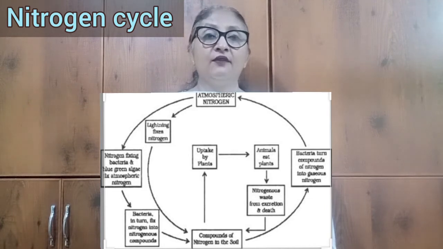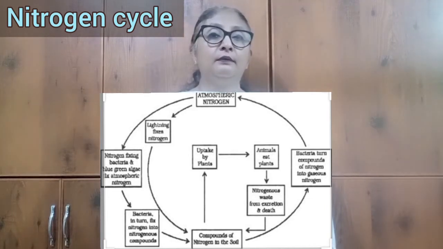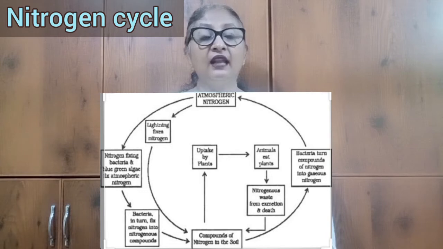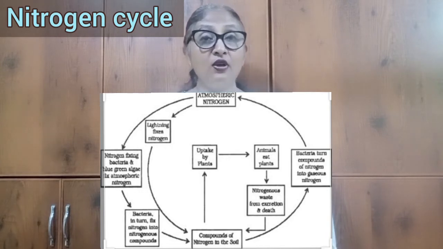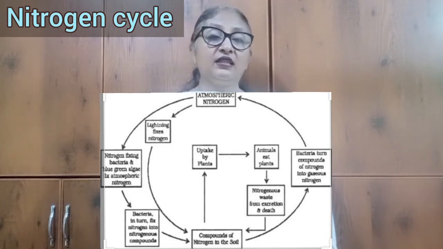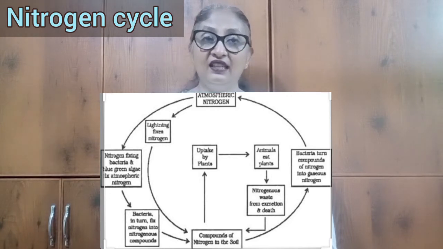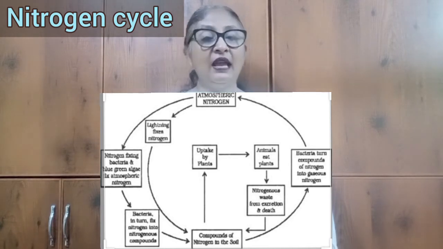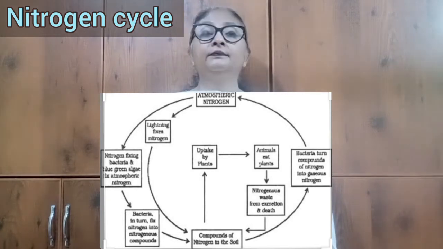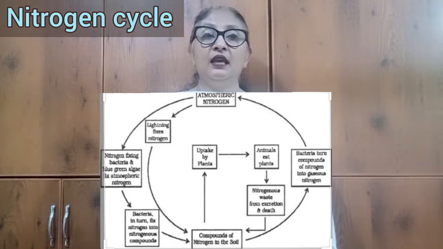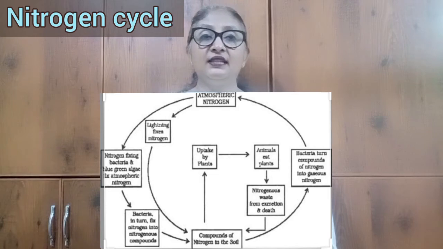Nitrogen is fixed into the soil by three ways. That means atmospheric nitrogen can be fixed into the soil by three ways. One is lightning, second is by nitrogen fixing bacteria, and third is by adding fertilizer to the soil.